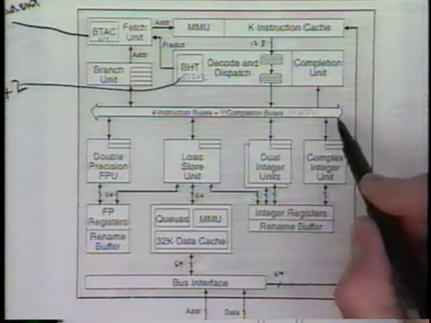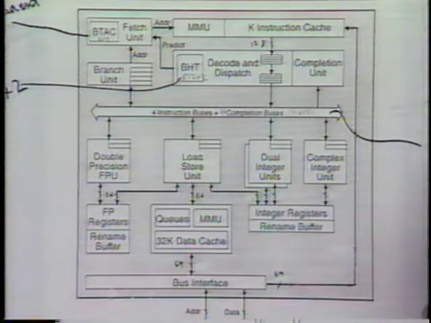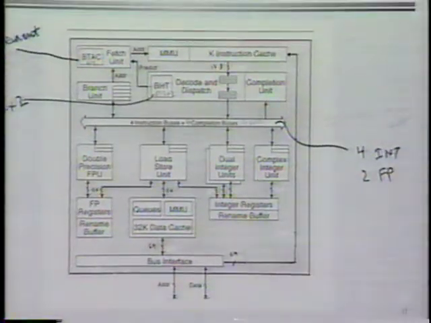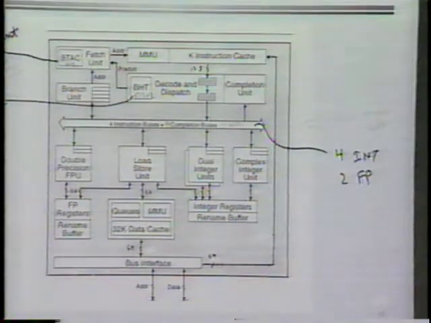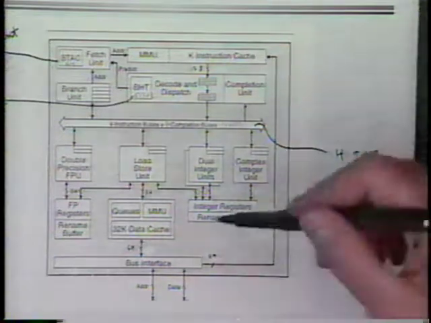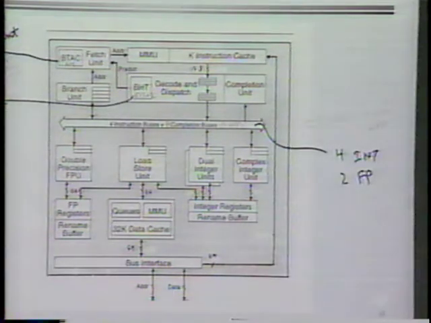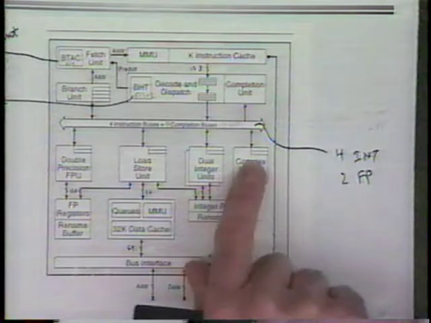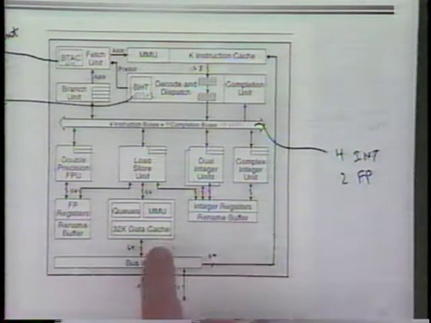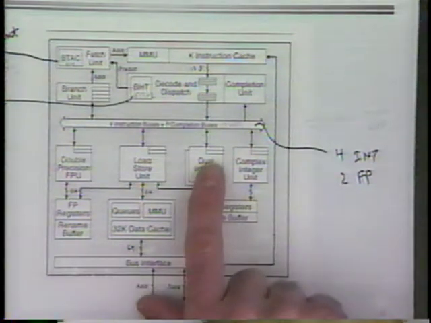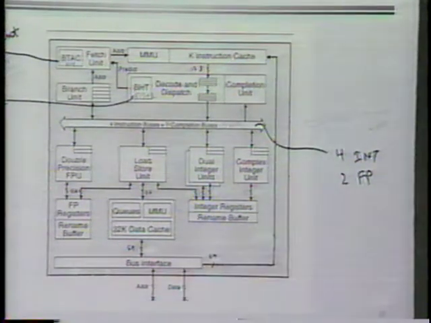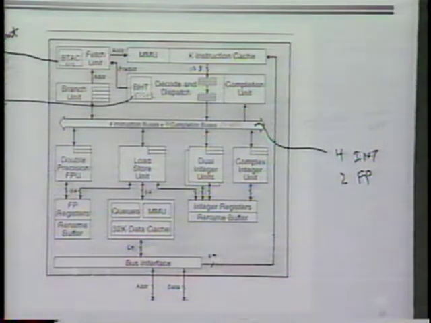And I think, in fact, that in this version, in the 604, there are 4 integer and 2 floating point common data buses, essentially, completion buses, where functional units broadcast their results. That's good, but also what that means is that every one of these reservation stations has to be monitoring all of the completion buses to see if the thing it's waiting for is on any of those buses. So again, lots of comparators.